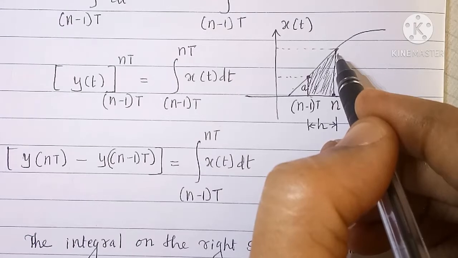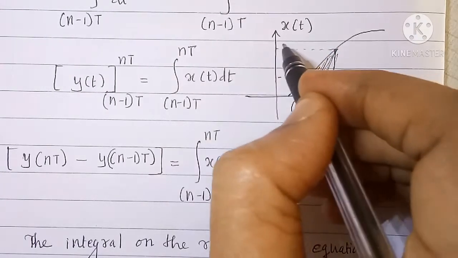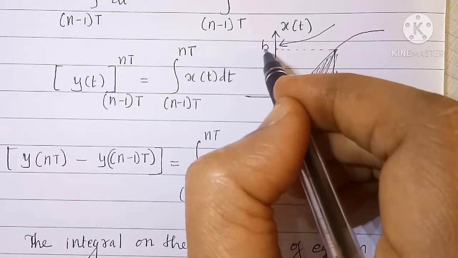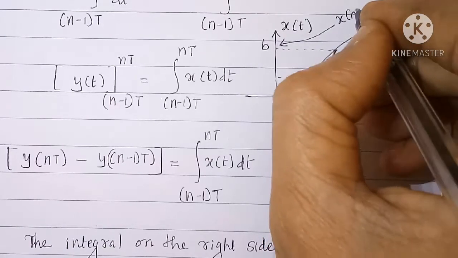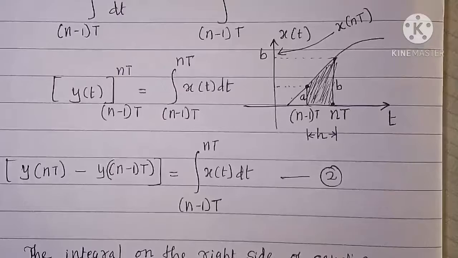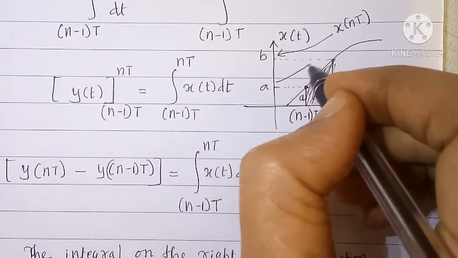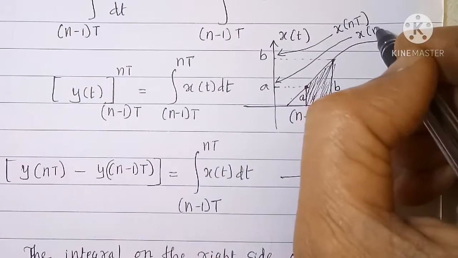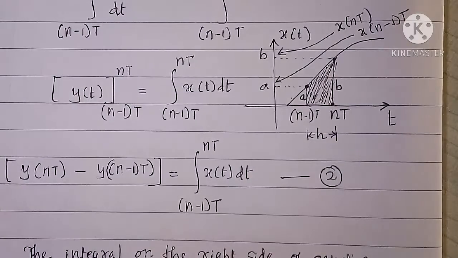The value of B is x of t at t equal to nT. So B is equal to x of nT, and A is x of (n minus 1)T.